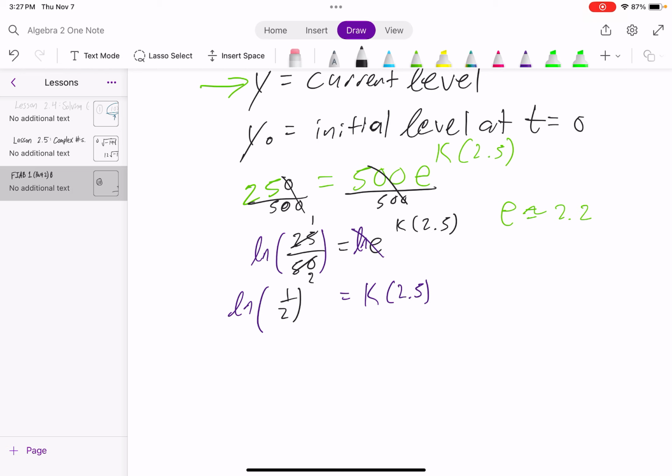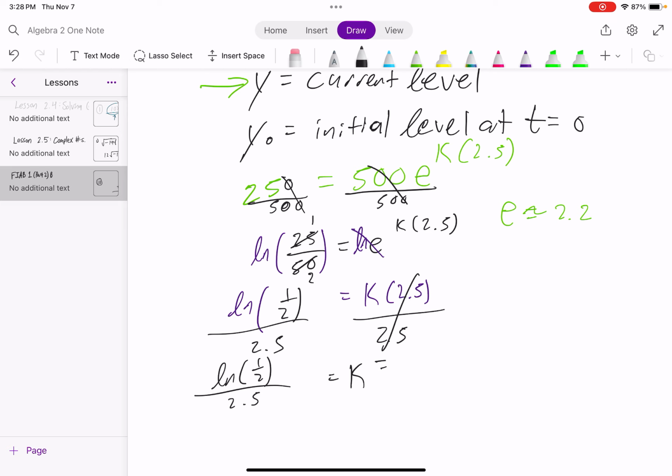All right. So there you have it. If we divide by 2.5 on both sides, we have k is equal to all that. When you plug it into a calculator, let's see, I'm going to do ln of 0.5.